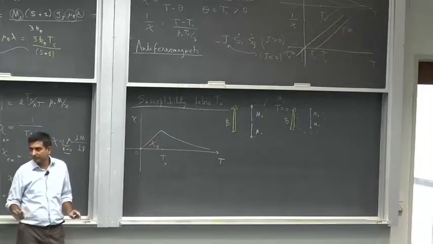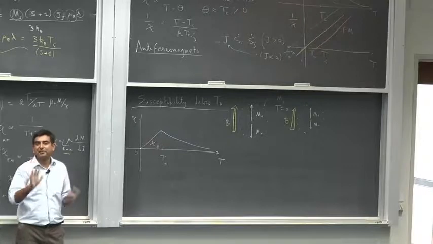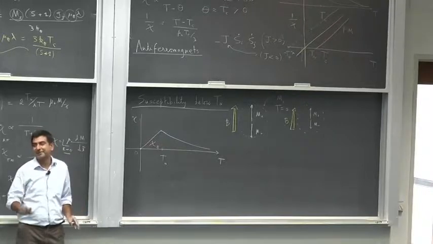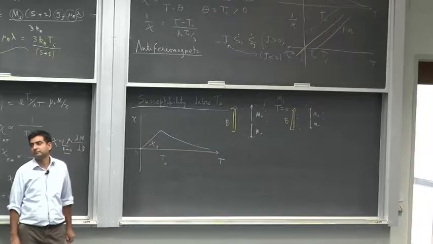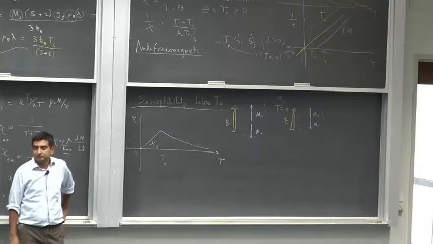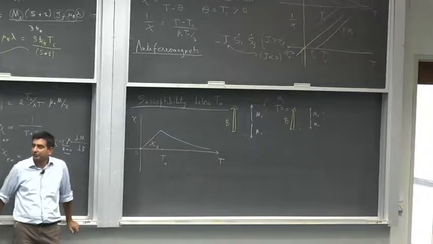Magnetization, susceptibility or magnetization? The magnetization is really large. It is at its saturation value for a ferromagnet. So the susceptibility at 0 Kelvin is going to be 0.